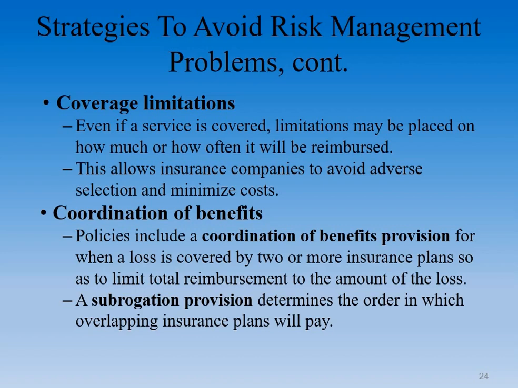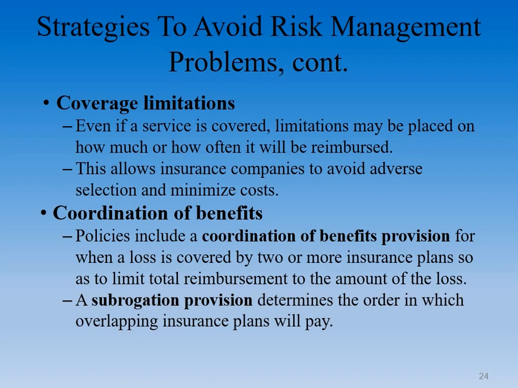So, for example, sometimes retirees have Medicare when they're older, as well as the DOD's TRICARE for Life. So there's a coordination of benefits between Medicare and TRICARE for Life. Or Medicare and Medicaid is another coordination of benefits example.